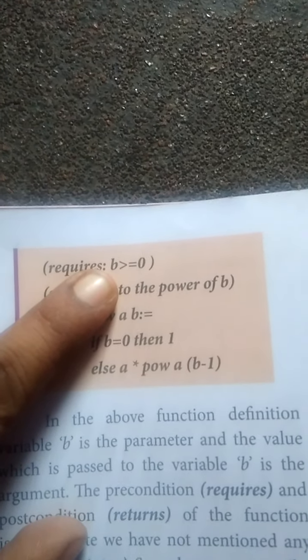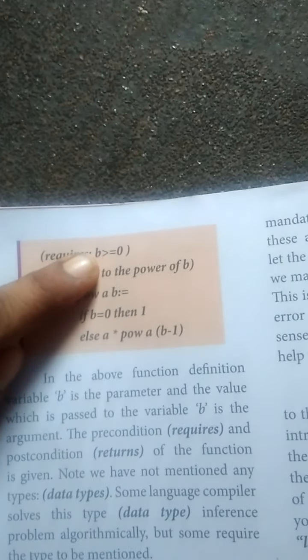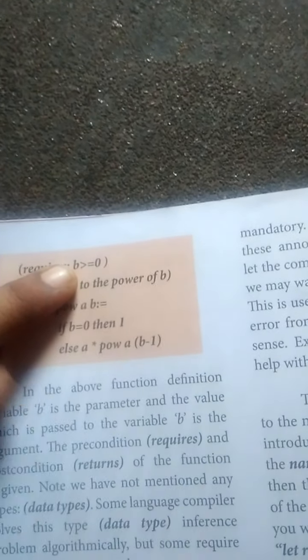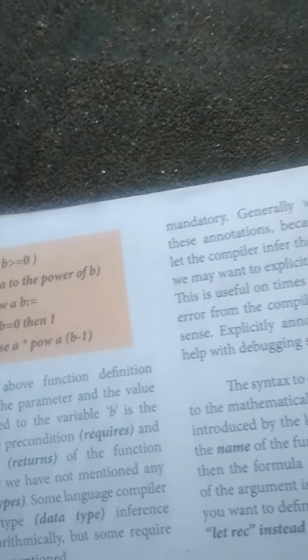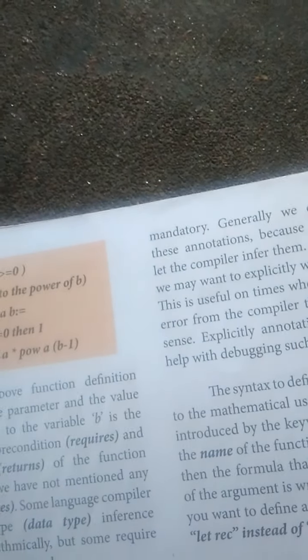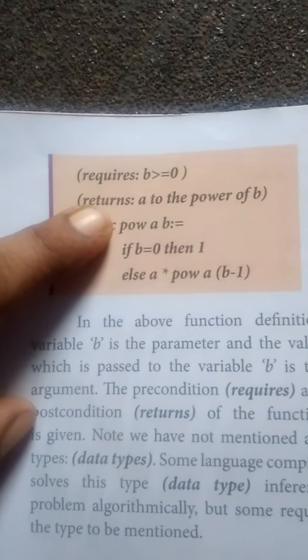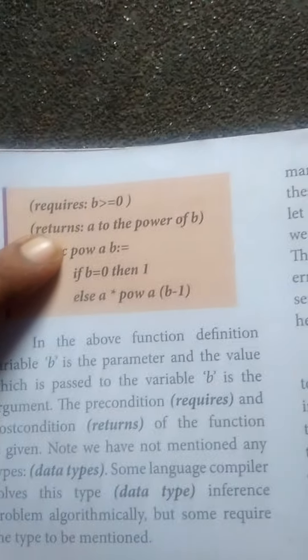In this, b is a variable, and we have a precondition and a postcondition. Precondition is the requires. If I check b is greater than or equal to 0, this is the precondition. And postcondition means returns. Returns is nothing but it returns a value, the power of b.